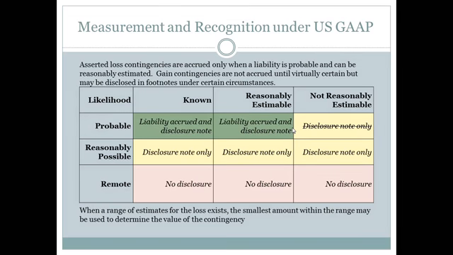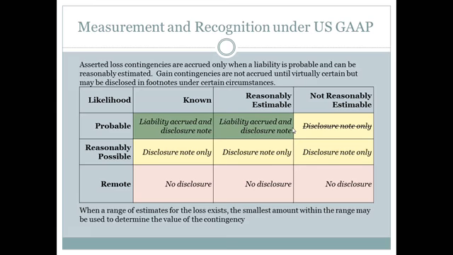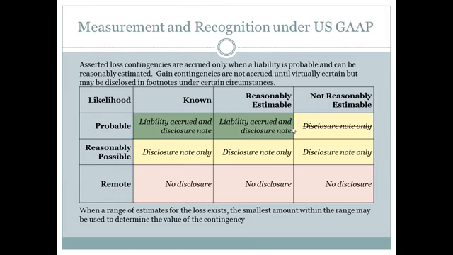One is the likelihood of that future event occurring, of the loss actually being generated. The second dimension is our ability to put a reasonable estimate on the dollar amount of the loss.